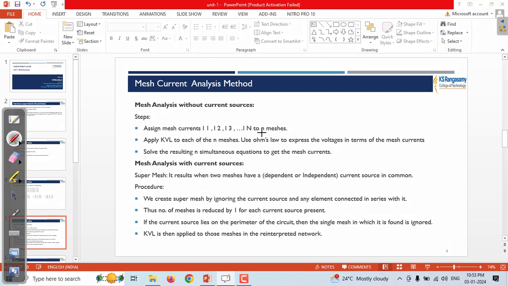Step 1: we have to find the number of meshes in the given circuit.